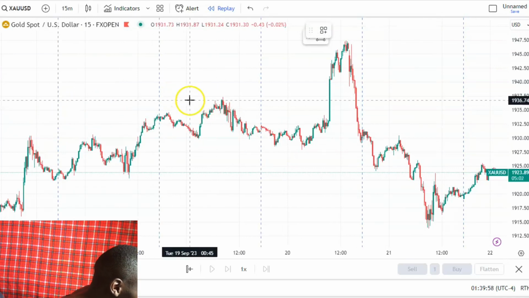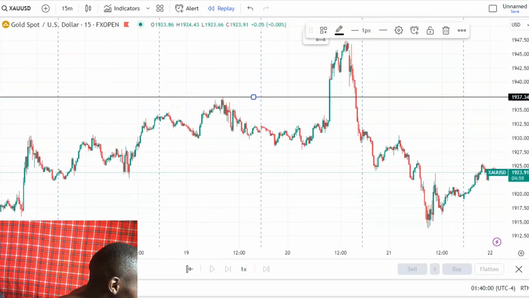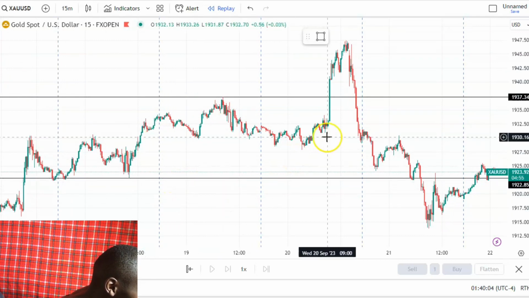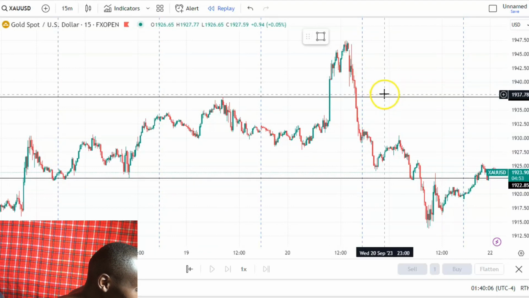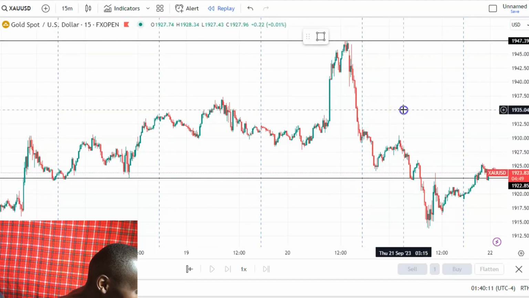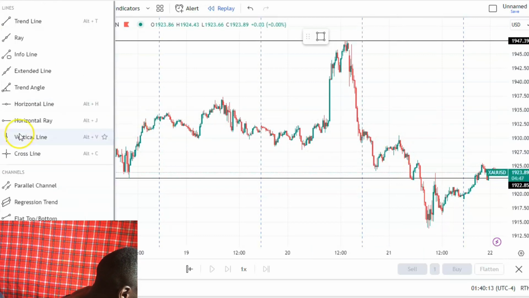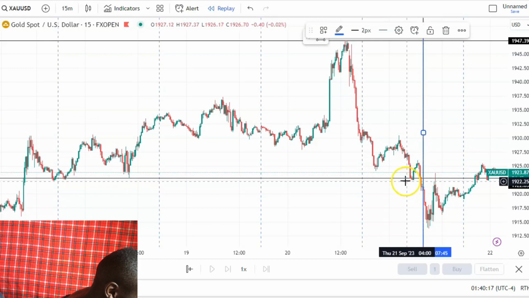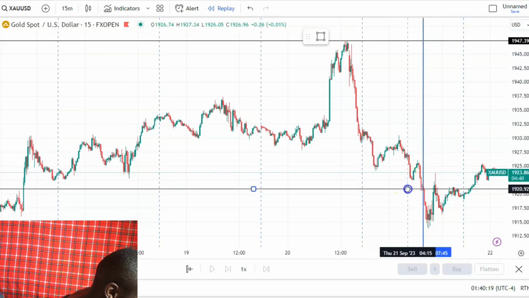So Monday, Tuesday sets the high and the low of the week. And then Wednesday we have no M pattern, so all we do is extend the high. And then on Thursday at 8, so this is the low.